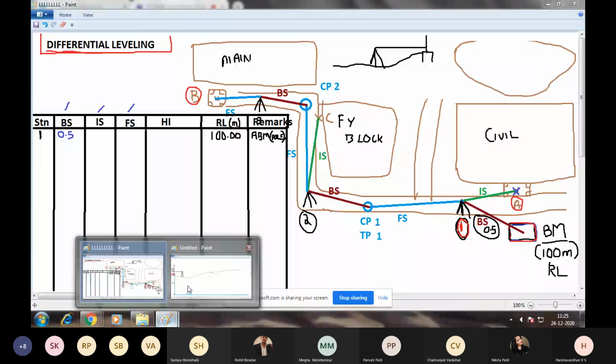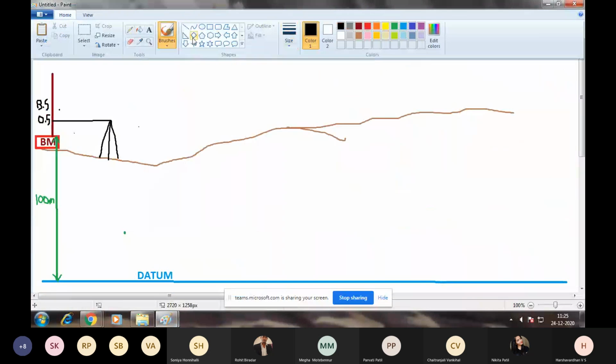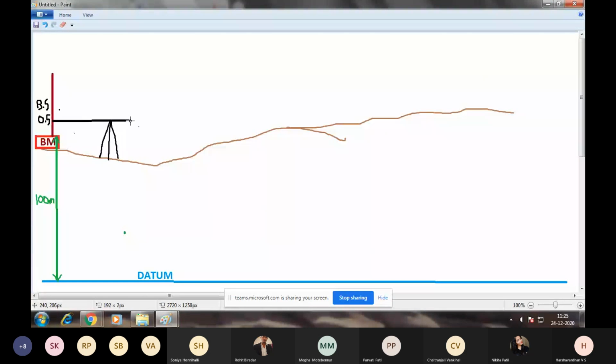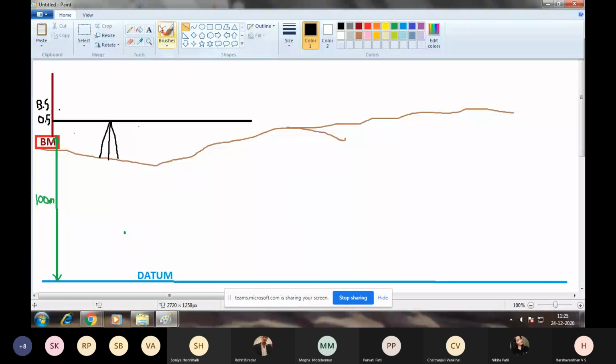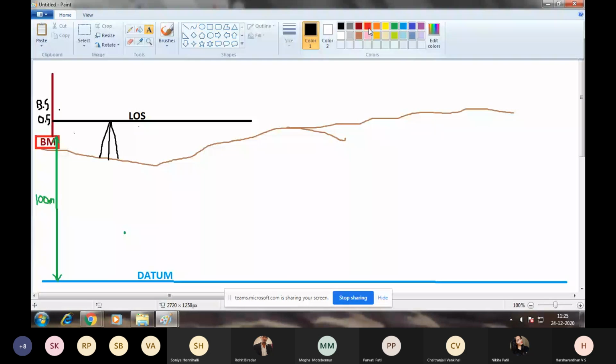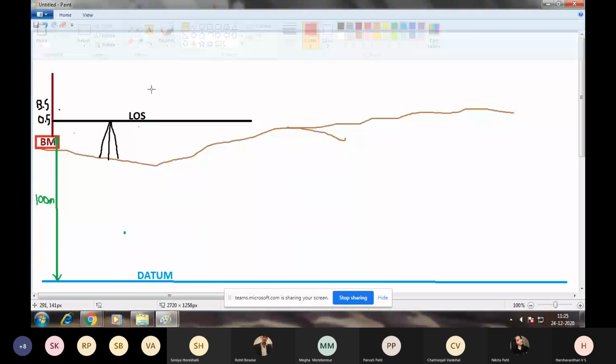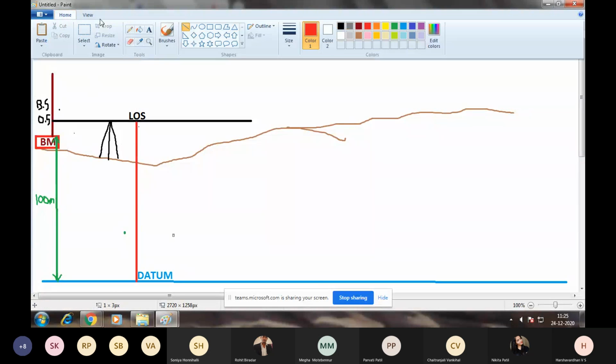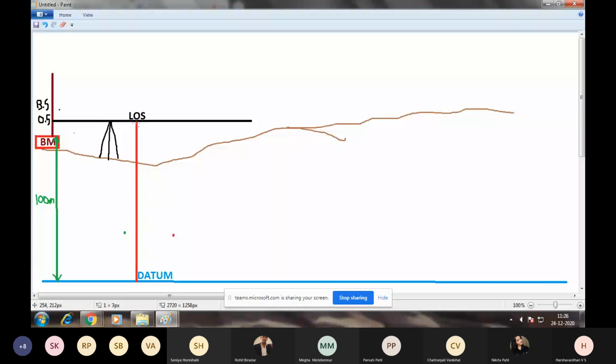Now height of instrument is nothing but the elevation of line of sight. So this is my line of sight. If I measure the vertical distance of the line of sight from the datum, this elevation of line of sight from the datum is called height of instrument.